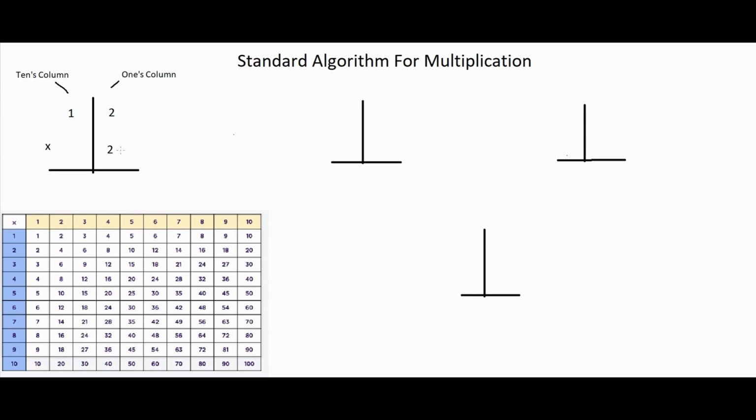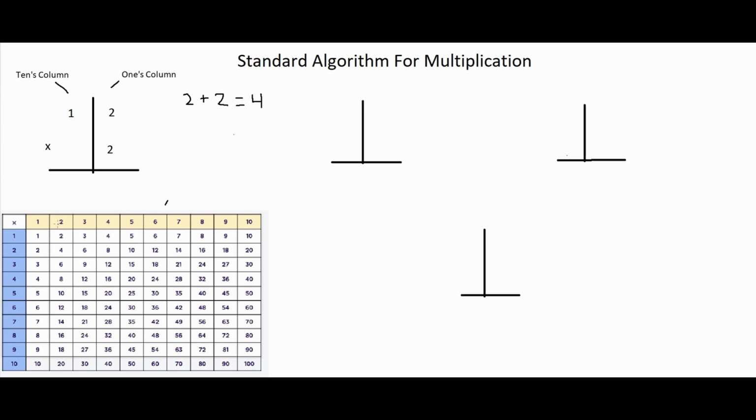So here, instead of multiplying 12 by 2, we can break it down and multiply 2 by 2 first. You can add 2 to itself 2 times: 2 plus 2 equals 4. Pretty simple.